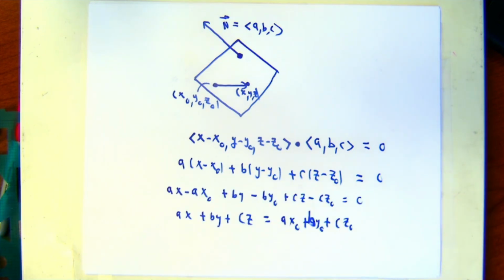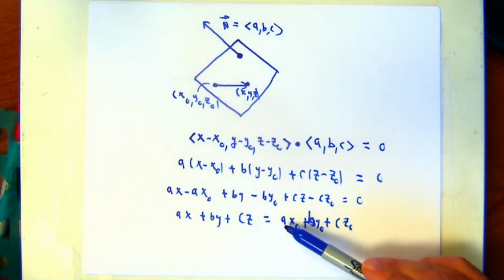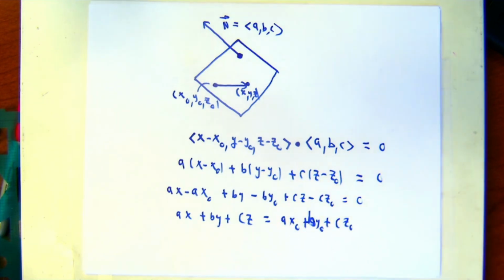Some people will even go so far as to just write this, since it's a constant, as another letter, D. So if somebody ever gives you an equation that looks like a number times x plus a number times y plus a number times z is some constant number, this is a plane.